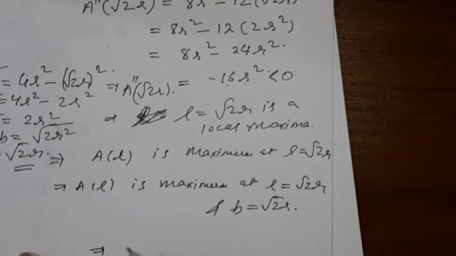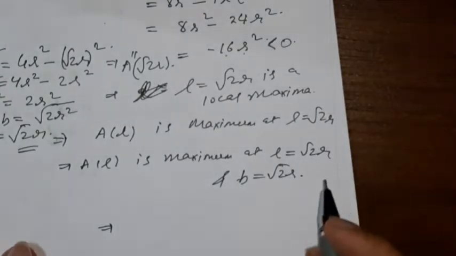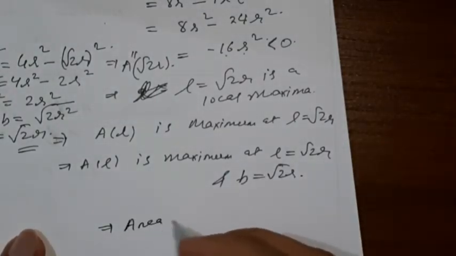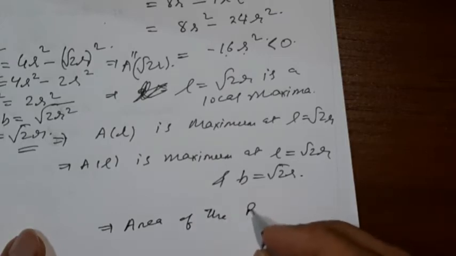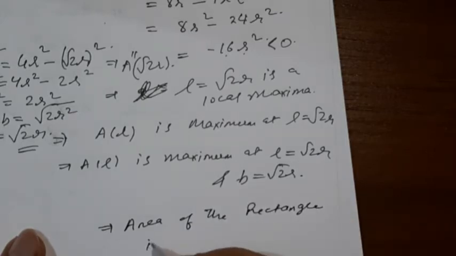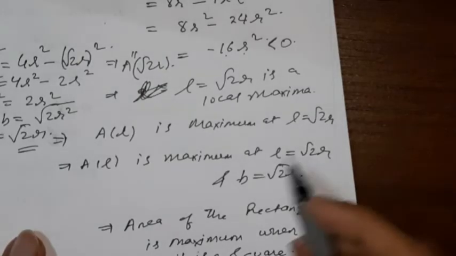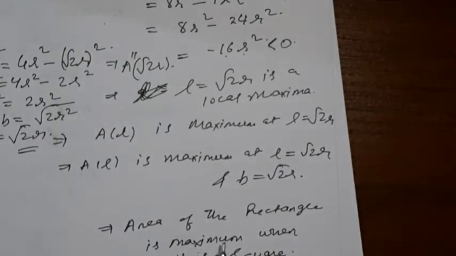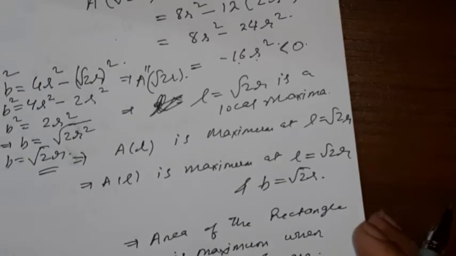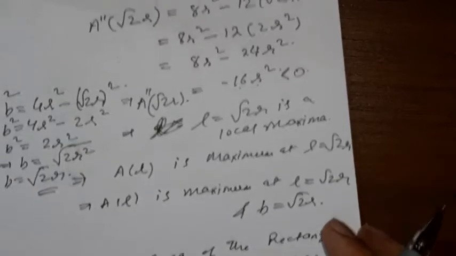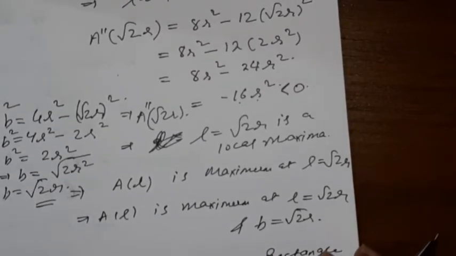So what you conclude is that the area of the rectangle is maximum when it is a square, because the length and breadth are the same. So that means the rectangle is a square. So that was the 19th problem. Now let us go to the 20th problem.